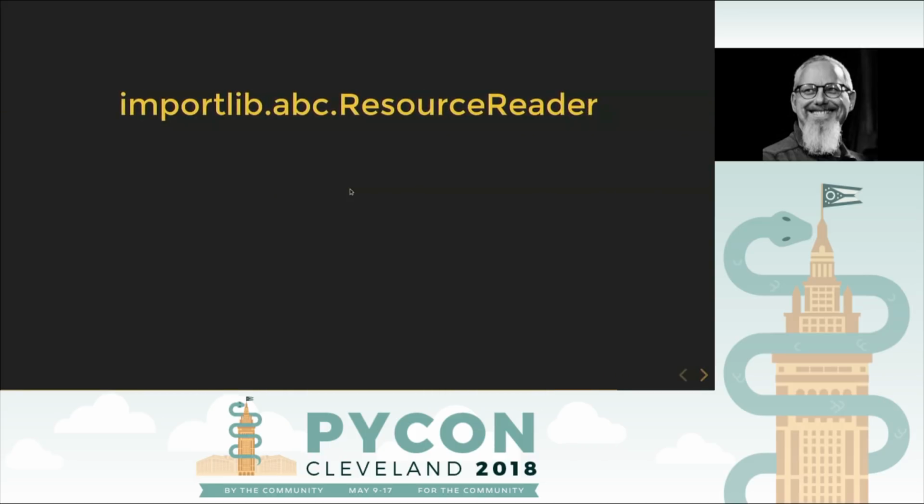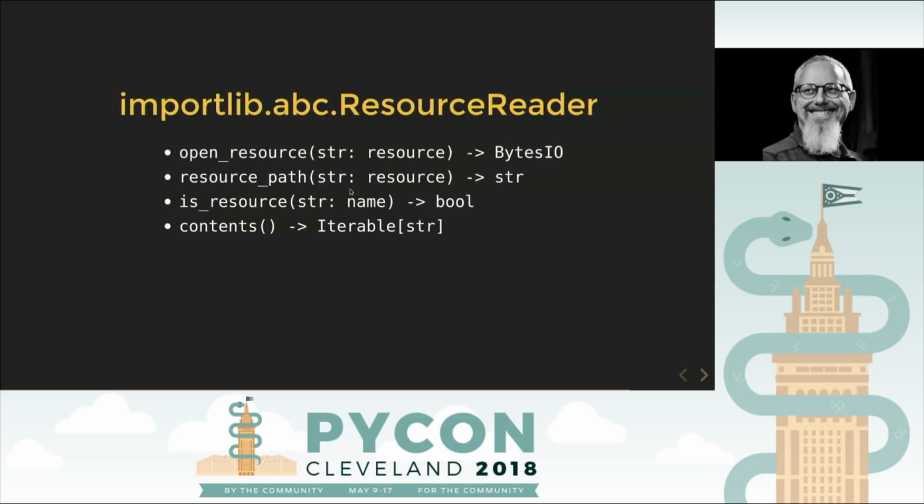I'm not going to go into a lot of detail because most people don't have to actually implement loaders. This is all documented in the Python 3.7 documentation. So if you are implementing a loader and you want to play along, just check out the documentation. But I'll give you a quick flavor for what this looks like.